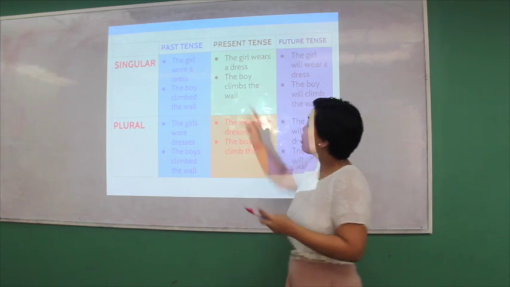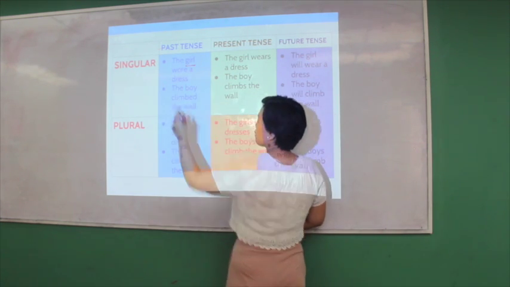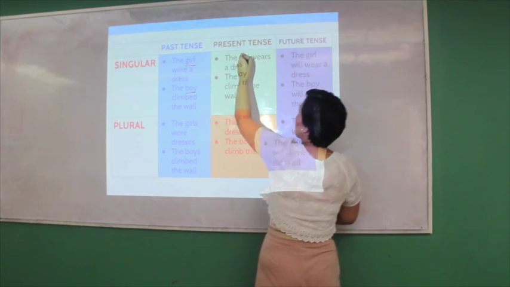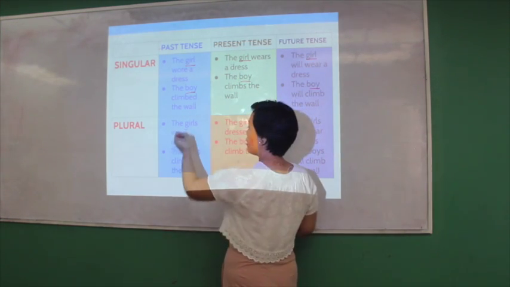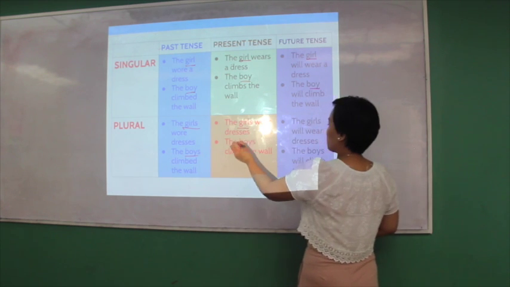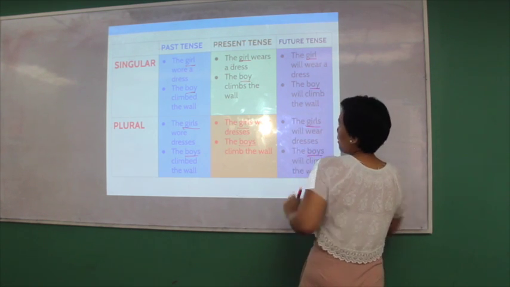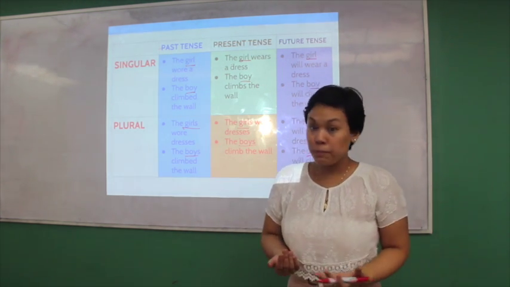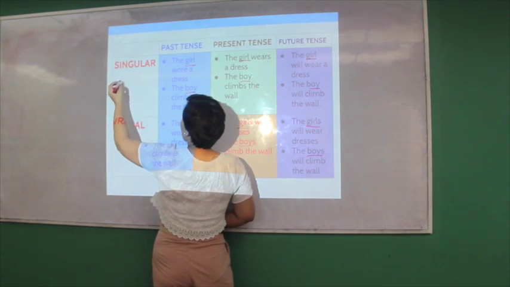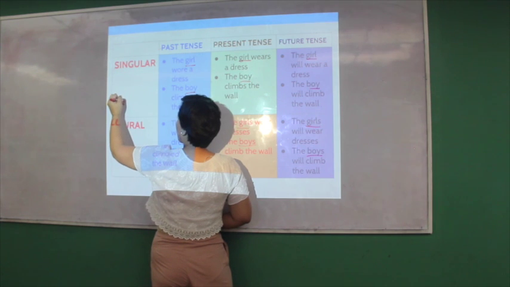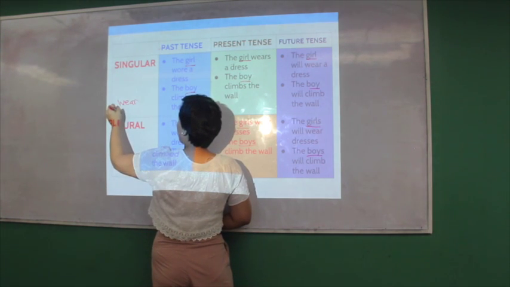Let's say that our subject for singular is girl and boy, and our subject for plural is girls and boys. While our verb for girls is wear, and for boys is the word climb.